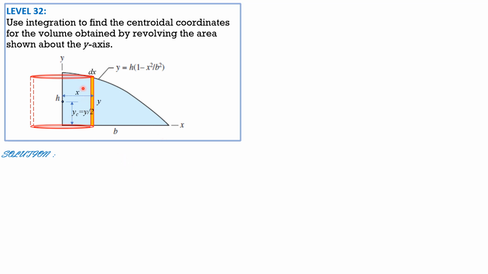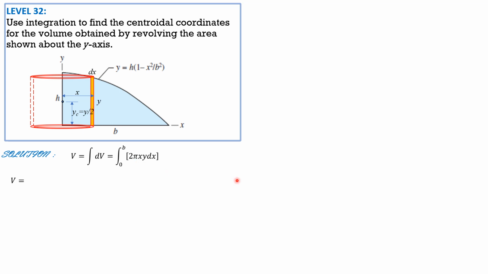So again, imagine that this cylindrical shell is a rectangular plate discussed in integral calculus. I hope you can remember. The base is 2 pi x, the height is y, and the thickness is dx. Therefore, the differential volume is volume of the rectangular plate, 2 pi x, height y, thickness dx. So V is integral of dV, and dV is 2 pi x y dx.